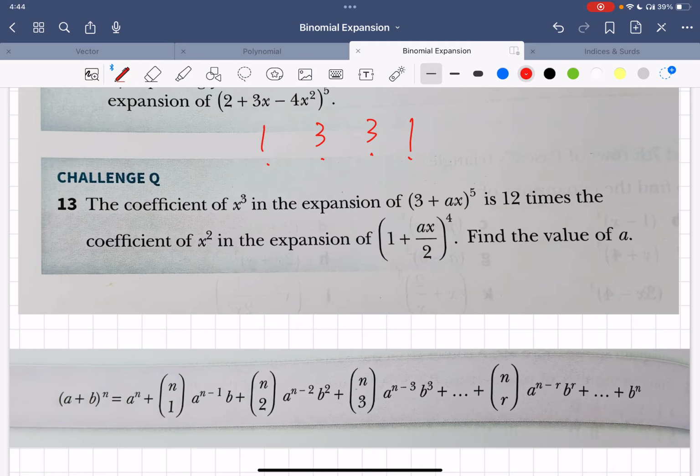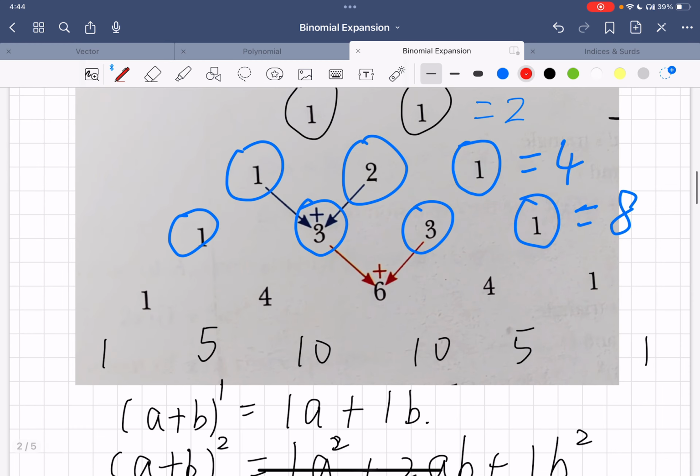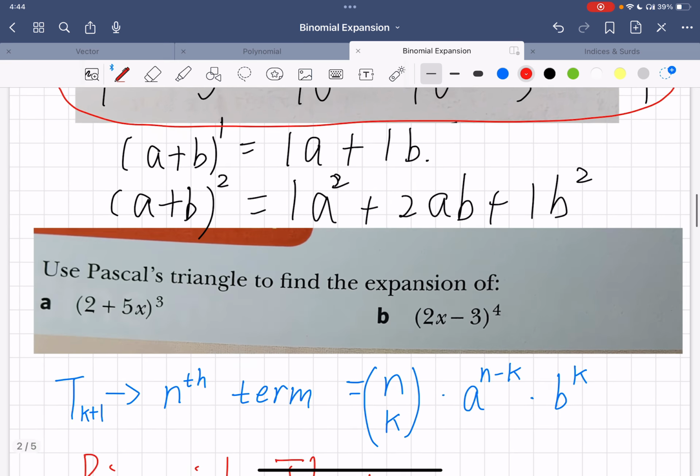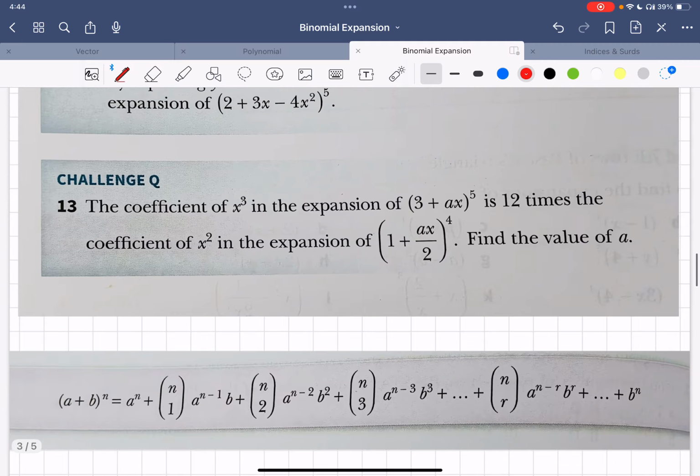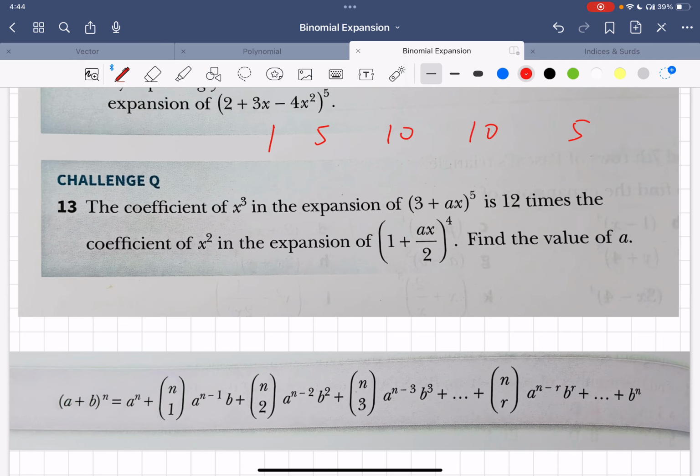So in this case, we need a different Pascal's triangle. That is this one. Now it's 1, 5, 10, 10, 5, 1 because it's the power 5 expansion. Now we need the fourth term. What is the fourth term coefficient? One term, second term, third term, and it's the fourth term right here.